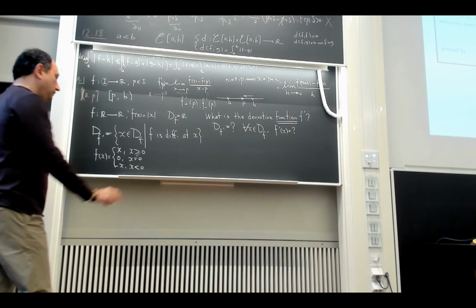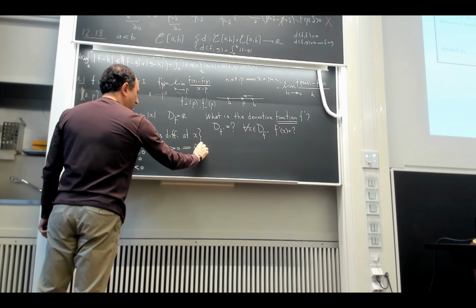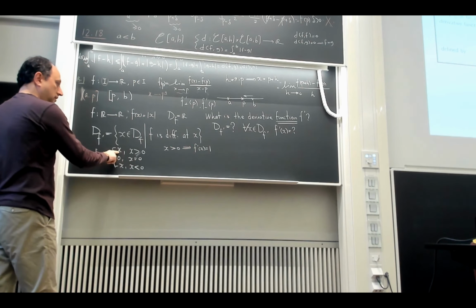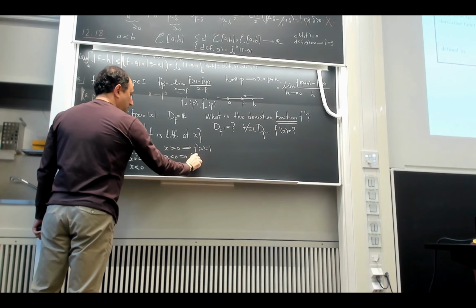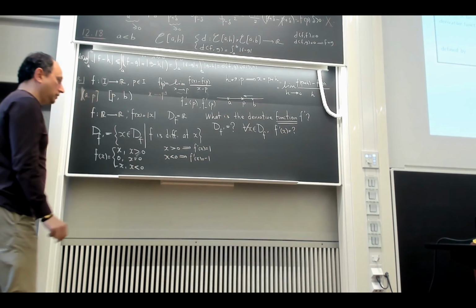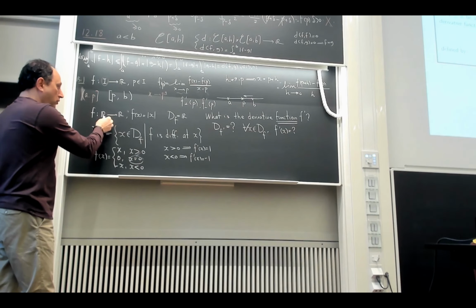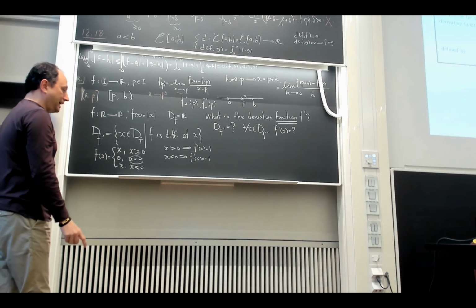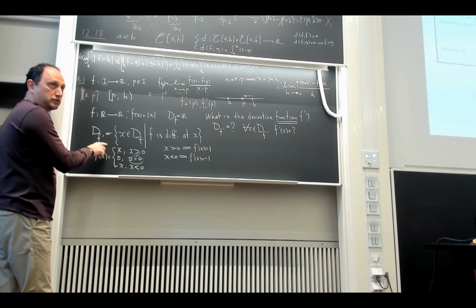If x is positive, you know by the rules of derivative, this is 1. If x is negative, you know that the derivative is negative 1. But because 0 is also a point of the domain of the function, I have to ask myself, does 0 belong to the domain of f prime or not?